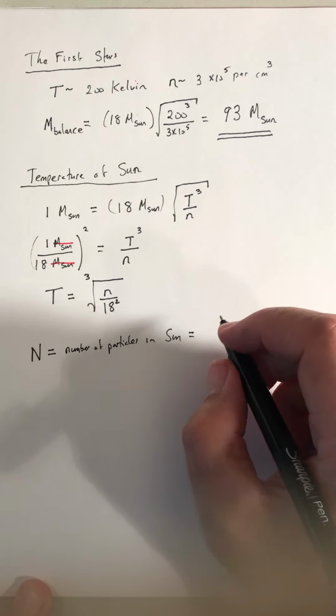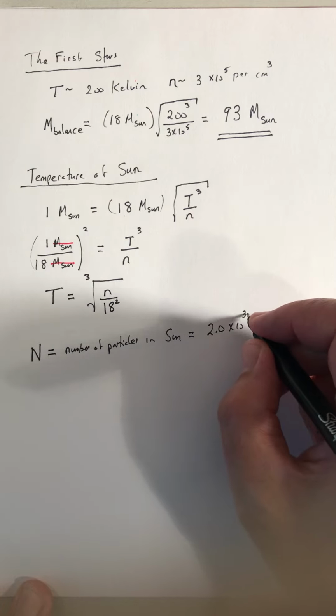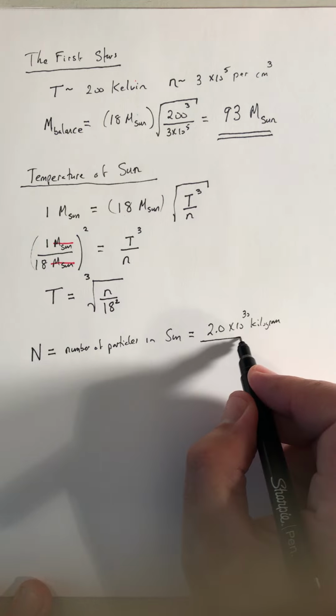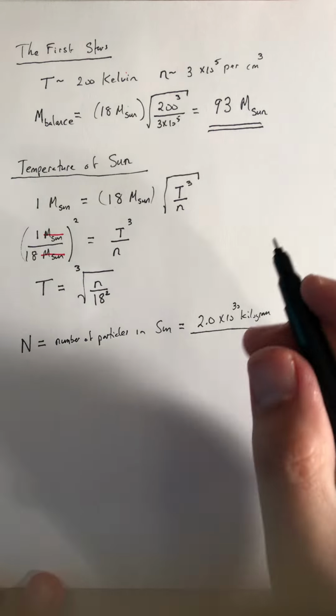So it's going to be the mass of the sun divided by, just for simplicity, I'm going to say that the sun is just made out of hydrogen.